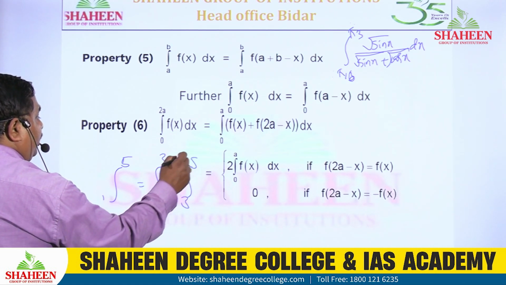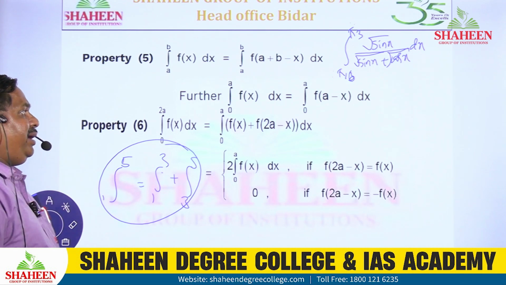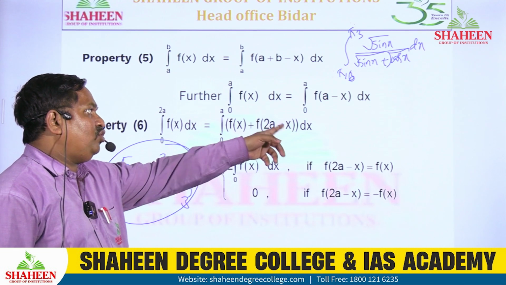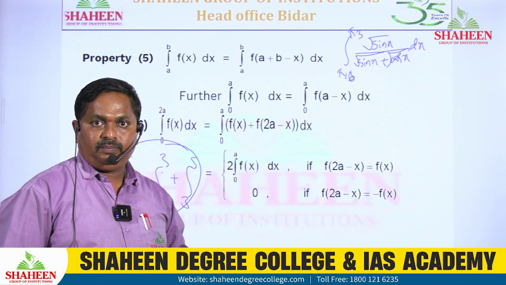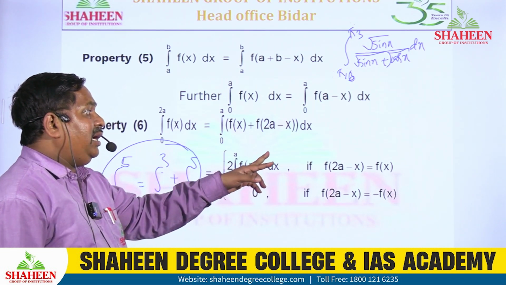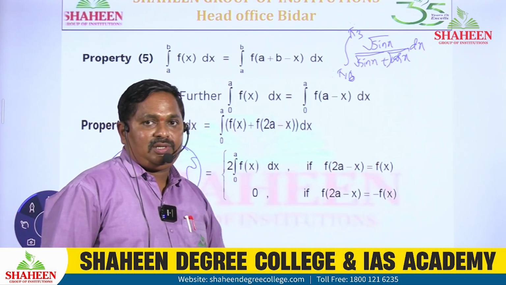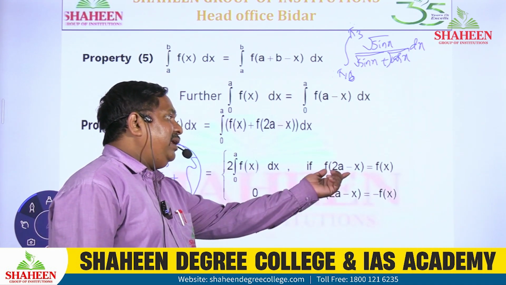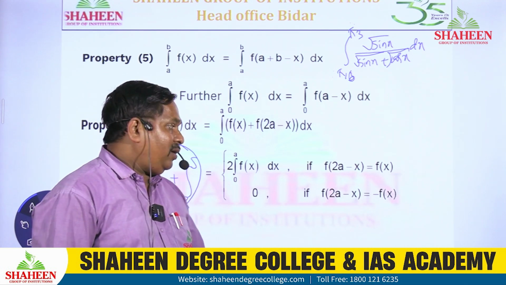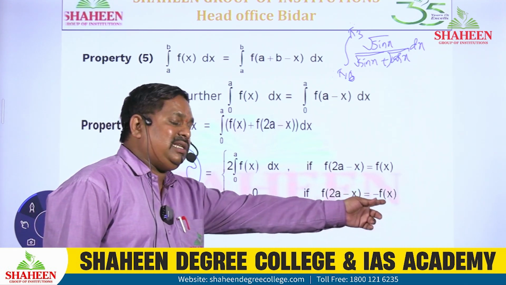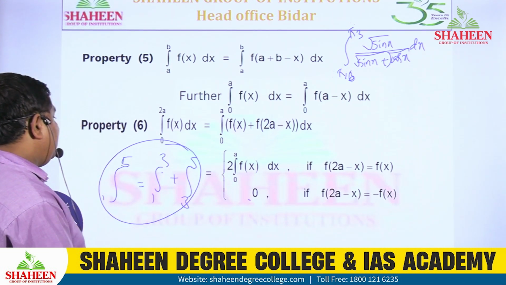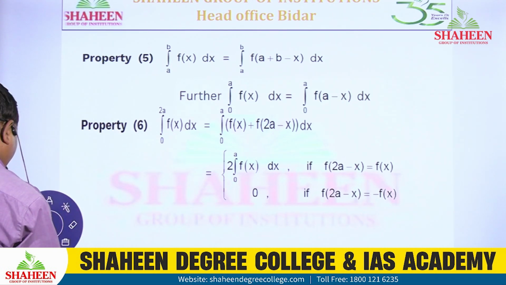If we use the splitting method, we can write this as 0 to a of f of x plus f of 2a minus x dx. Or else we can write 2 times 0 to a of f of x dx if f of 2a minus x becomes plus f of x. Or if we are getting f of 2a minus x as minus f of x, then its value is 0. This is property number 6.